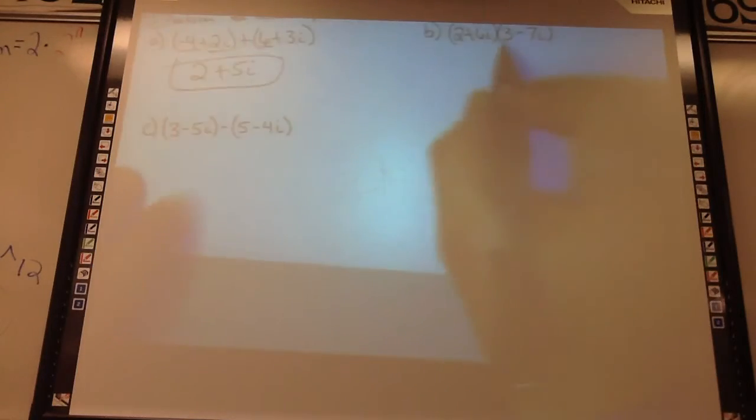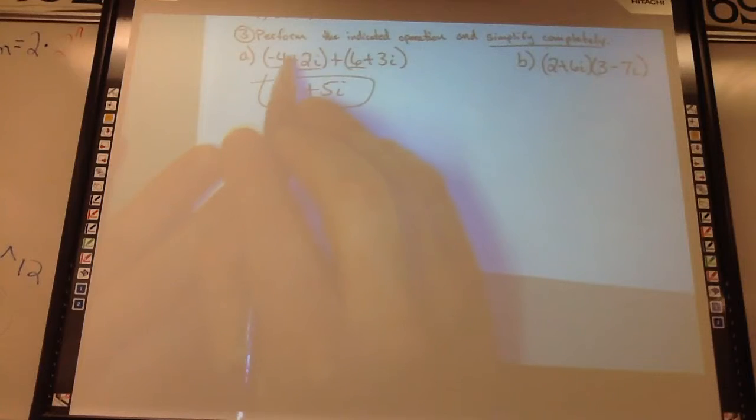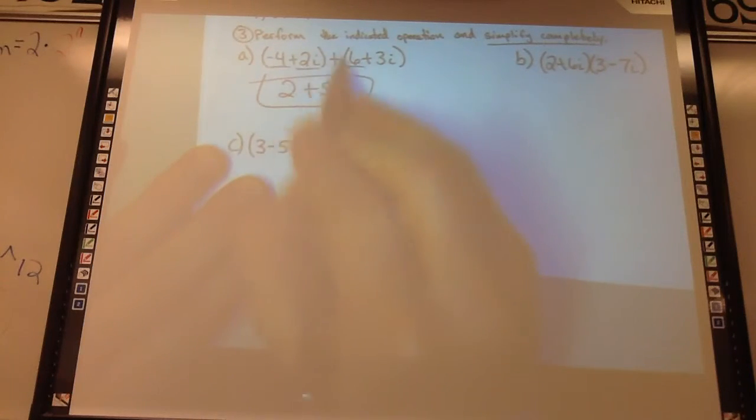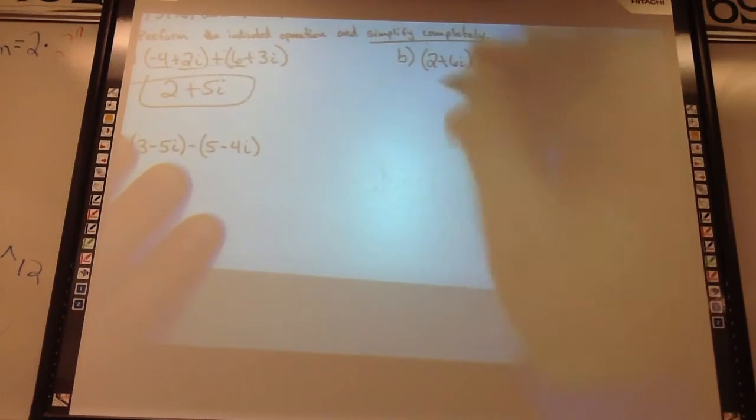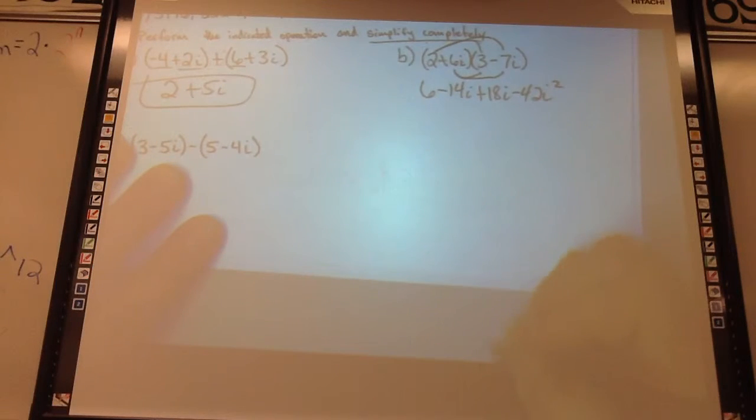And then this one is multiplication. I take that back, because someone on this one multiplied. I was like, no, that's plus. Here, multiplication, 2 times 3 is 6, just distributive property, 2 times negative 7 is negative 14i. 6 times 3 is positive 18i, and then 6 times that, that's negative 42i squared. Well, i squared is negative 1, so negative 42 times negative 1 is plus 42.